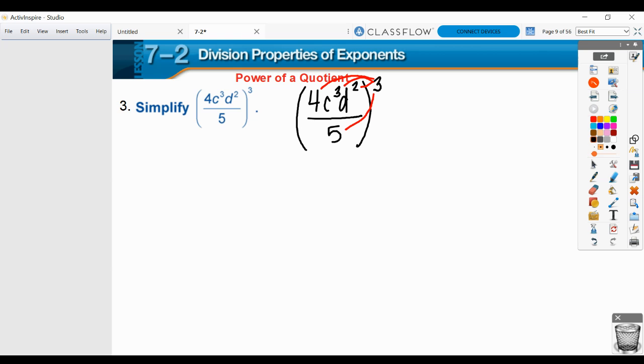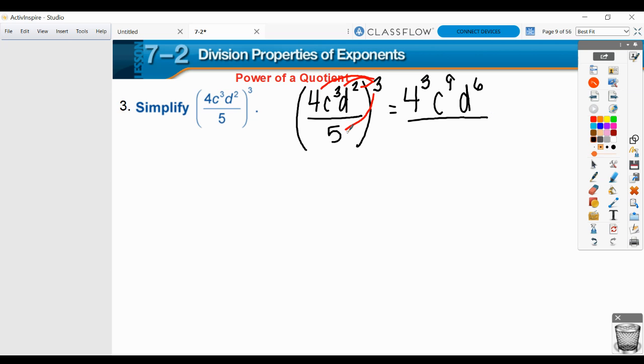So if you look at the numerator, you would have 4 to the 3rd. And then when you distribute this 3 to this 3, you are going to multiply. So 3 times 3 is 9. And 3 times 2 is 6.